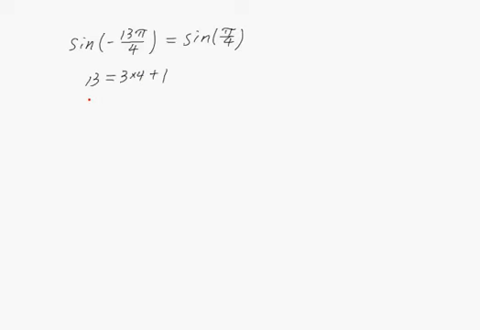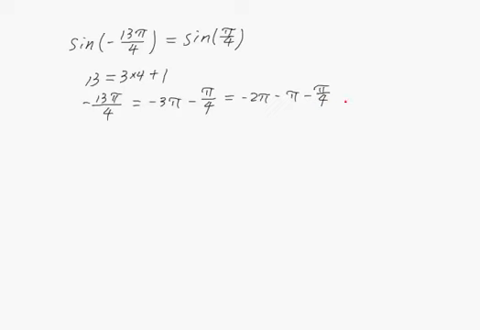So we may rewrite the negative 13 pi over 4 as negative 3 pi minus pi over 4, right? So you may continue to rewrite this as negative 2 pi minus pi and then minus pi over 4.